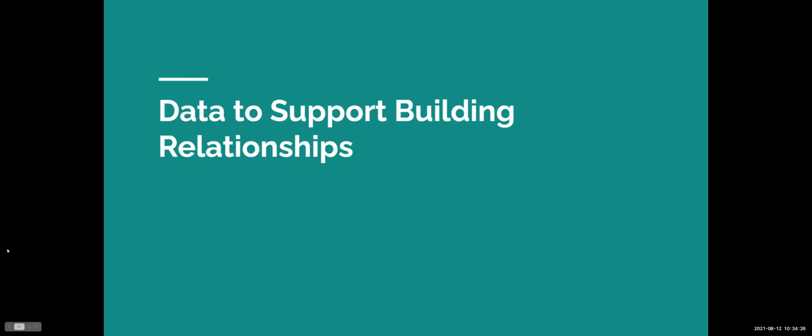Okay. We're going to spend the last 10 or so minutes here talking about how we can use data to support building relationships. So relationships are not a very concrete, tangible thing that is really easy to measure, right? You can't necessarily count it like a discipline referral or attendance. It's not like a screening measure like DIBELS or AIMSweb where there's this concrete thing that you're measuring.